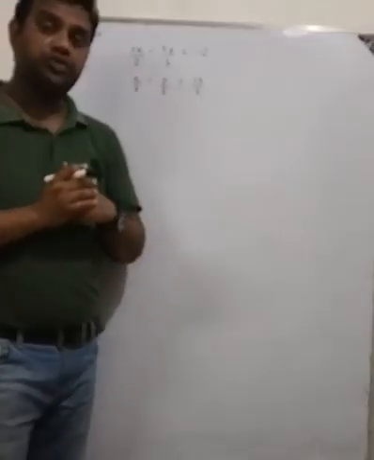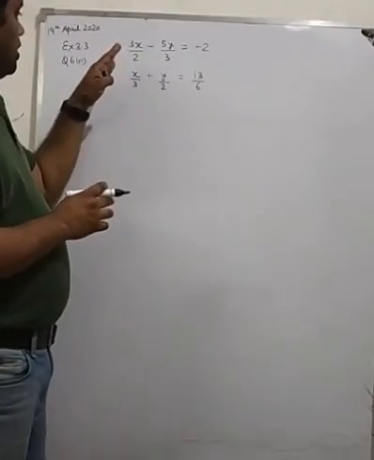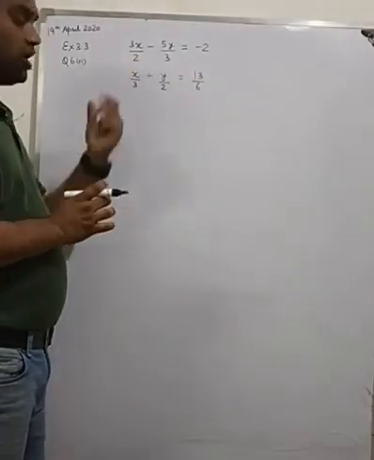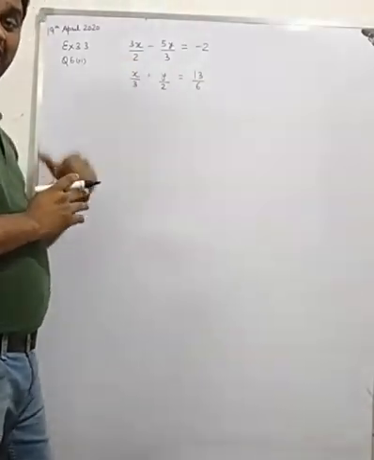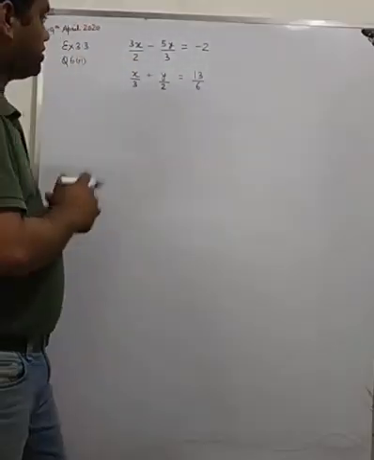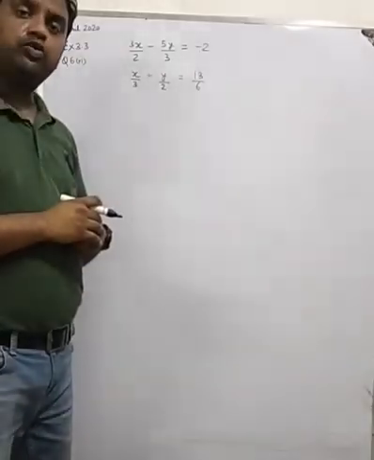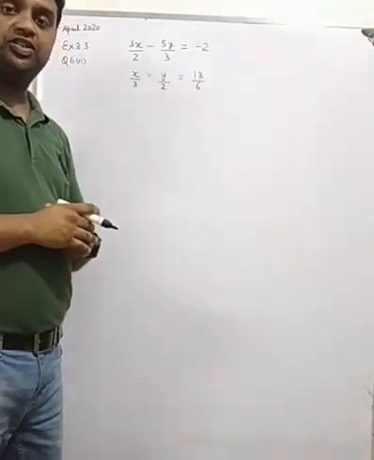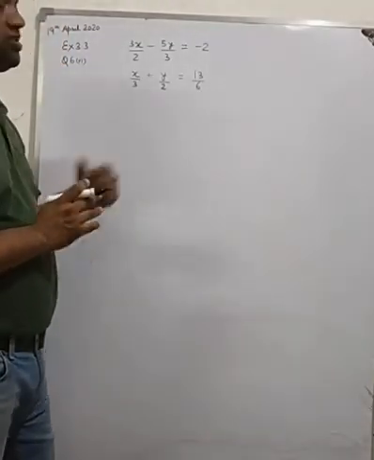Now if we see this question, in both the equations 2 and 3 are in denominator, and the LCM of 2 and 3 is 6. So what we are going to do, we are going to simply multiply both sides of both the equations by 6, because the LCM is 6.